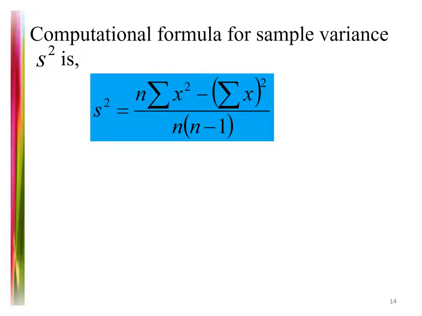If we use the expansion a minus b all squared is equal to a squared plus b squared minus 2ab, we will get s squared equal to n times summation of x squared minus summation of x all squared, divided by n times n minus 1.